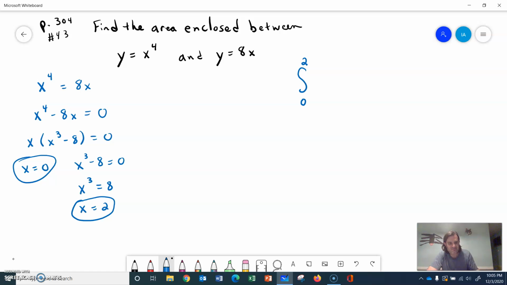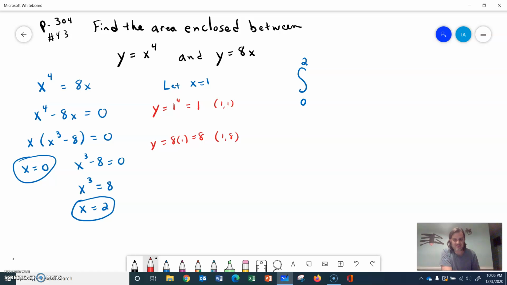So if I let x equal 1, what do we get? y equals 1 to the fourth, which is 1, so the first one has the point (1, 1), a height of 1 there. And the second one, y equals 8 times 1, is 8.